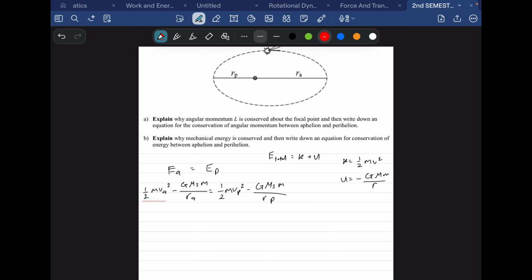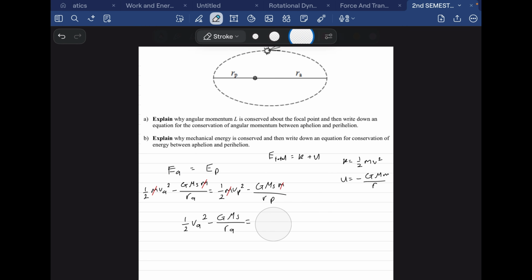And then all of the mass of the object cancels out, leaving you with this equation: 1 over 2 v apogee squared minus G mass of the sun over r apogee is equal to 1 over 2 v perigee squared minus G mass of the sun over r perigee.